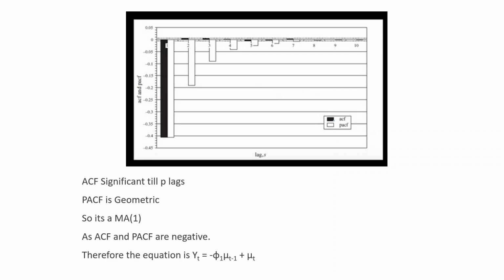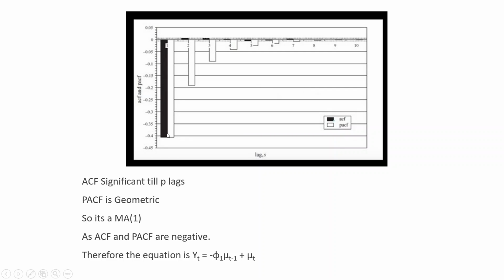Now let's try to detect which process the series is following. The dark one is ACF and the light one is PACF. I'm having a significant lag at one time interval, and there is a geometry in PACF. Anybody can guess what it can be? Let's try to understand.